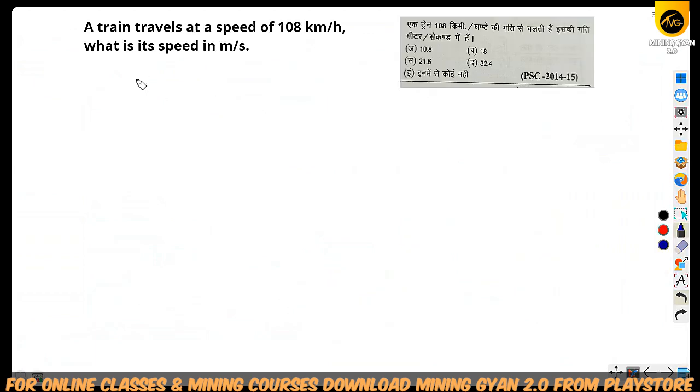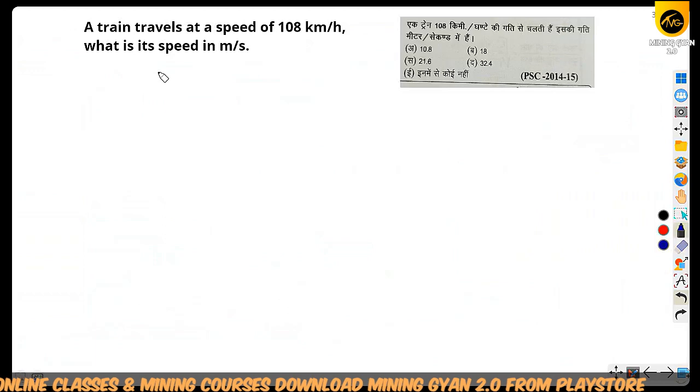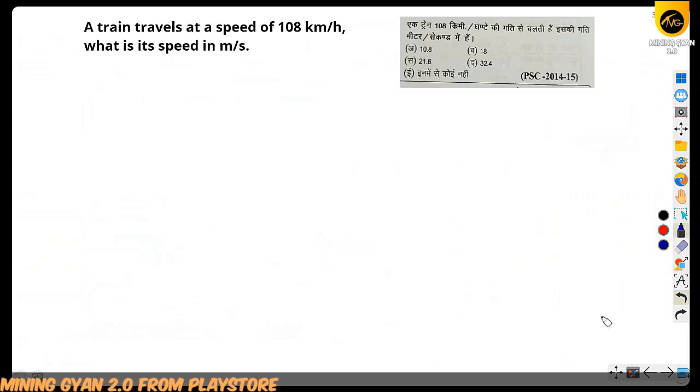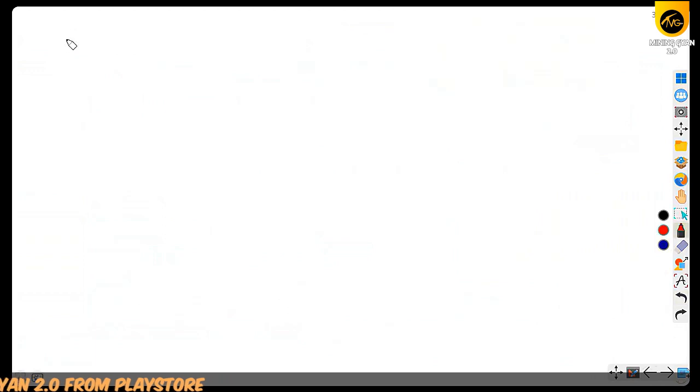Okay, first question is, a train travels at a speed of 108 km per hour. What is its speed in meter per second? Okay, so the first thing to do is the unit change, or we have to remember the unit must be the same. So the first rule is the unit must be the same.